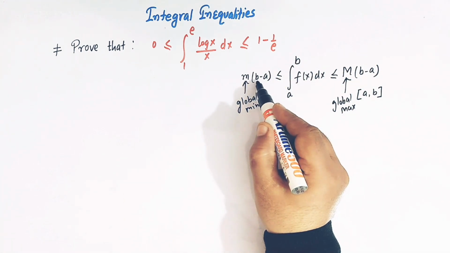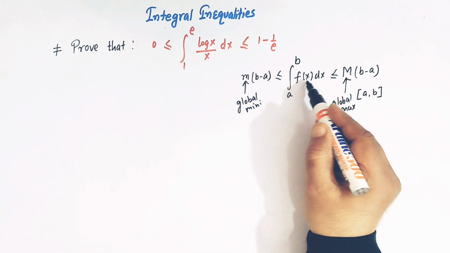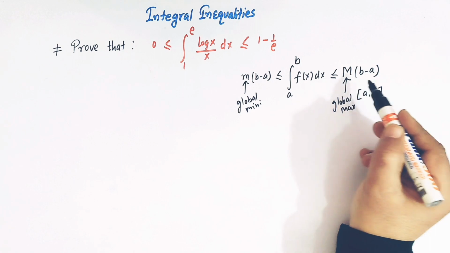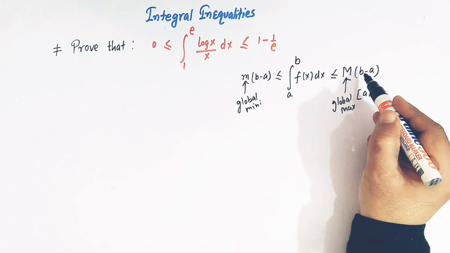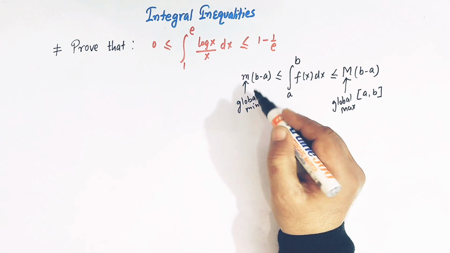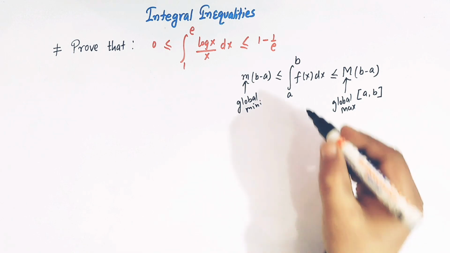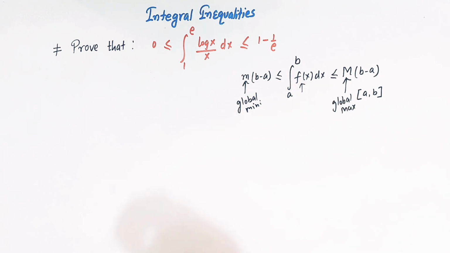So small m times (b minus a) is less than or equal to the integral from a to b of f of x dx, less than or equal to capital M times (b minus a), where small m is the global minimum and capital M is the global maximum of this function f of x.